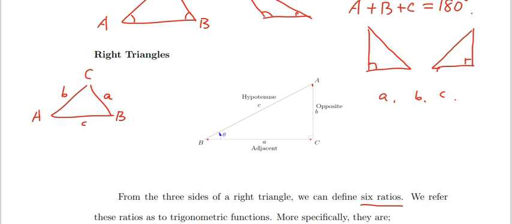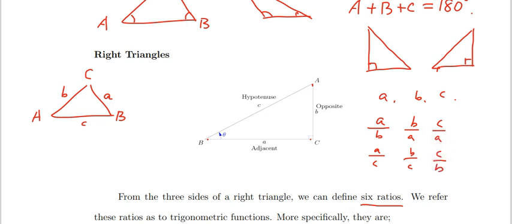So we can produce those ratios: a over b, a over c, b over a, b over c, c over a, or c over b.